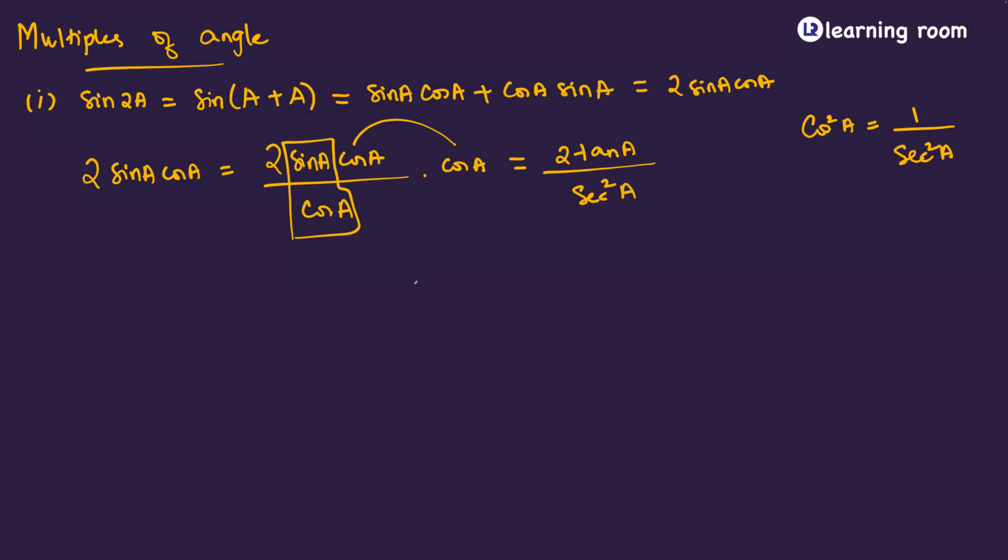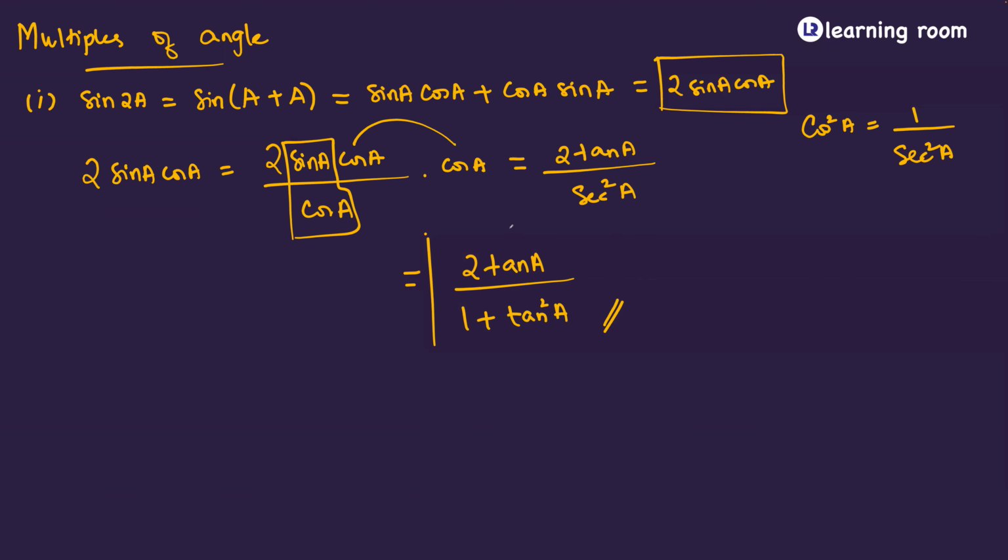So this will be equal to 2 tan a divided by secant square, which is 1 plus tan square a. This is another expression. Meaning sine 2a is either 2 sine a into cos a, or it is also equal to 2 tan a divided by 1 plus tan square a.